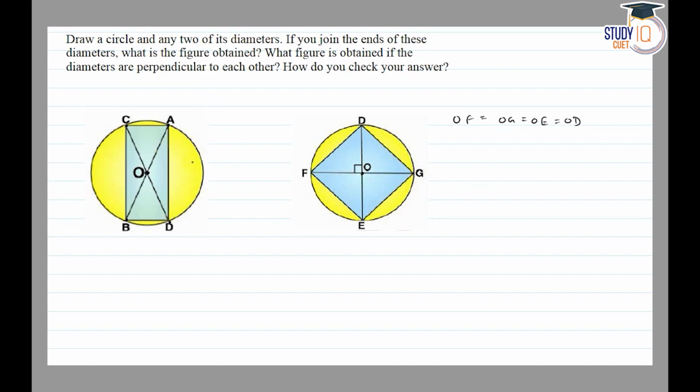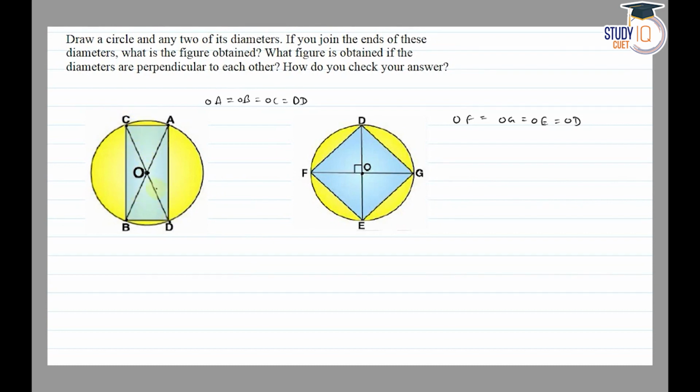So same यहाँ हो जाएगा हमारे पास OA equal to OB equal to OC equal to OD. These all are radius. So in this figure, diagonals are equal. OC equal to OD, OA equal to OB.